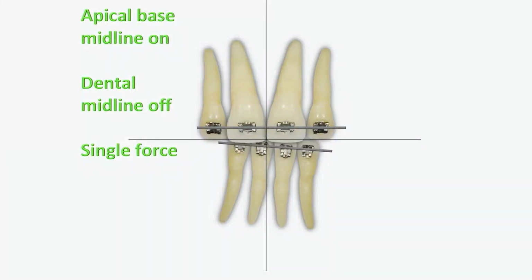In this case, the lower incisor segment is rotated clockwise so that the lower midline is shifted to the left side. This can be corrected either by using a couple or a single force. But the single force is easier to rotate the whole incisor segment en masse.